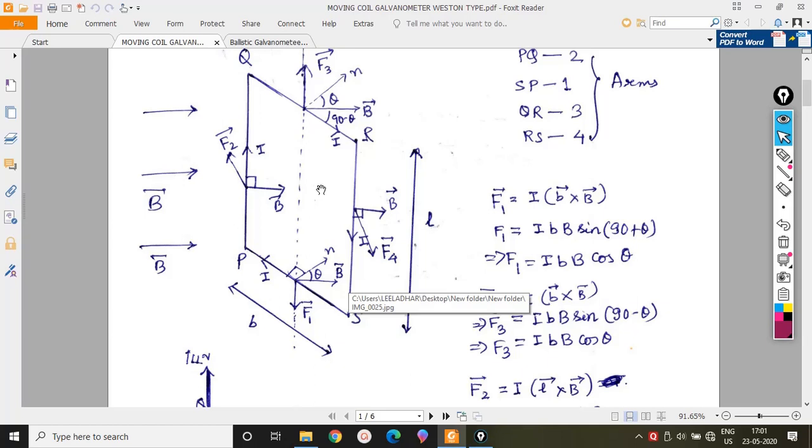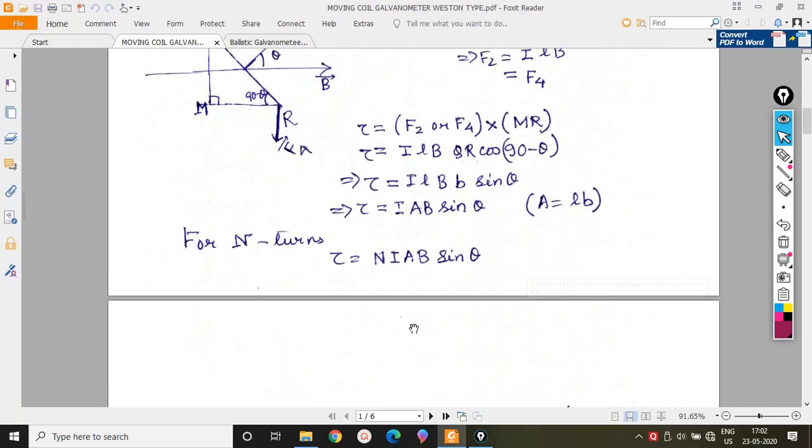Okay, fine, there will be a deflection. Now the question is, is that deflection enough to give you a galvanometer? That is, you have a magnetic field, you have a coil, and you run a current through that coil, and as per this expression, torque will come and there will be deflection.